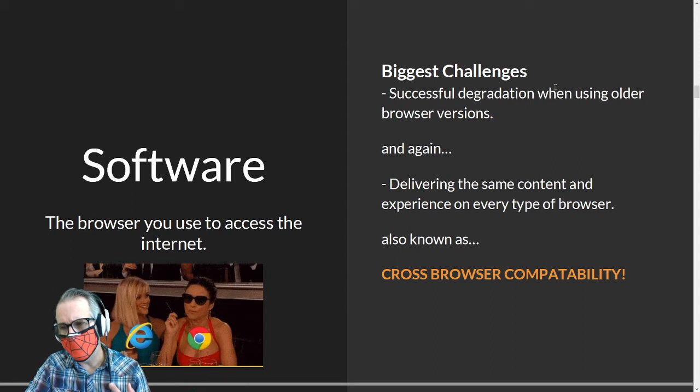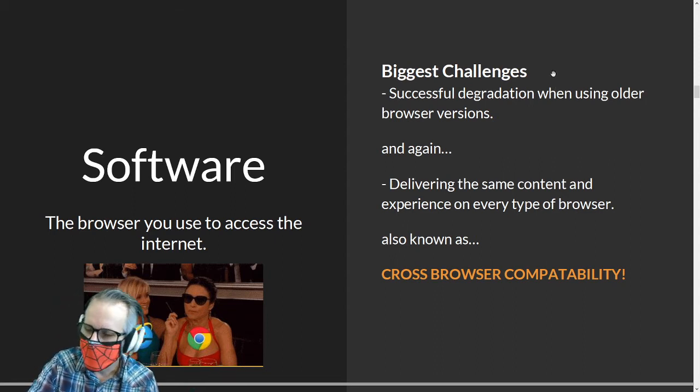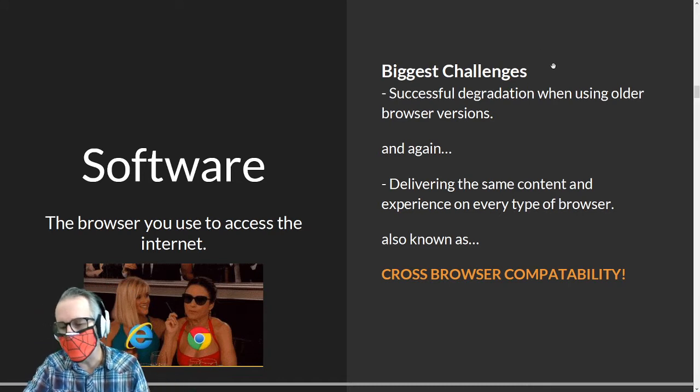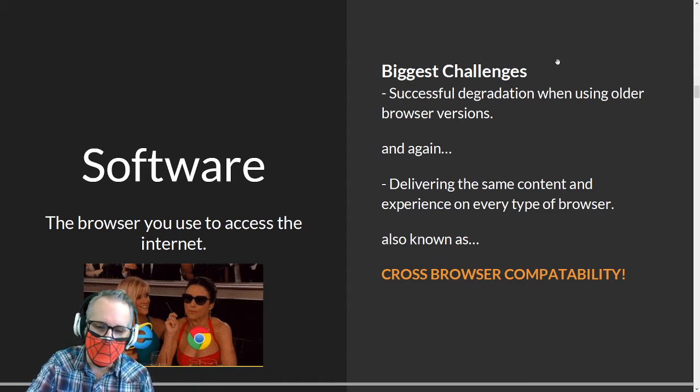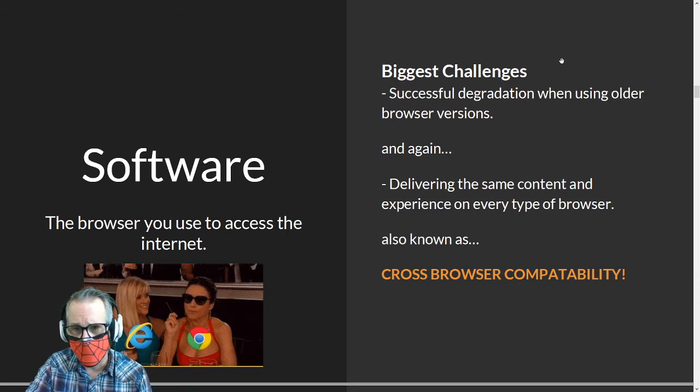Now software. There are different brands of software that you can use to access the internet, and usually these are browsers. So we've got Internet Explorer, Google Chrome, Opera.